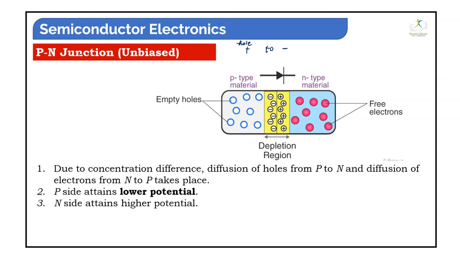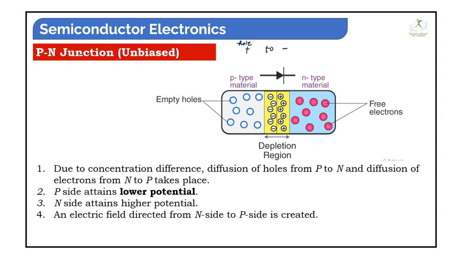The N side attains a higher potential because electrons move from higher potential to lower potential, and the electrons are on the N-type semiconductor side. Because of that, we say it is at higher potential.